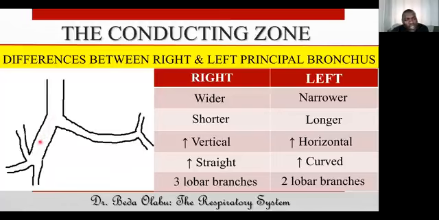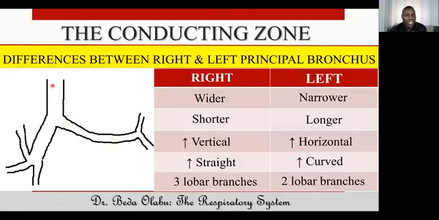Because the right main bronchus is wider and more straight compared to the left main bronchus, if you are to have a particle coming this way, it will most likely find itself on the right side than on the left side. It is for that reason that foreign bodies will tend to find themselves on the right more than on the left.